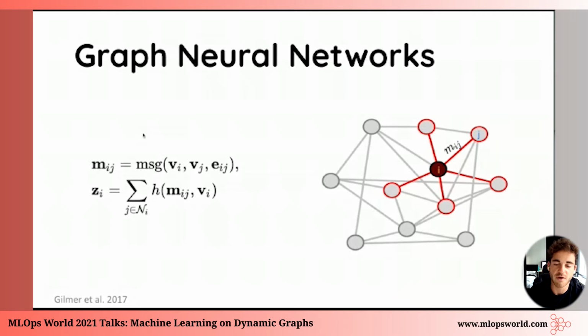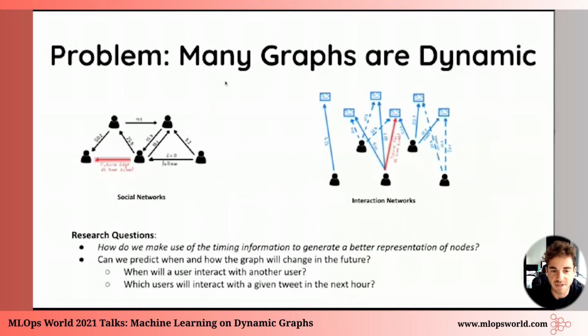So, okay, we have graph neural networks, and they have been working very well on graphs. However, there is a problem: many graphs are actually dynamic. Dynamic means they change over time. Here I showed two examples, which are clearly inspired by Twitter, but there are many more. One example is, again, a social network. In a social network, you don't have a static graph, but all the follow connections happen at a certain timestamp.